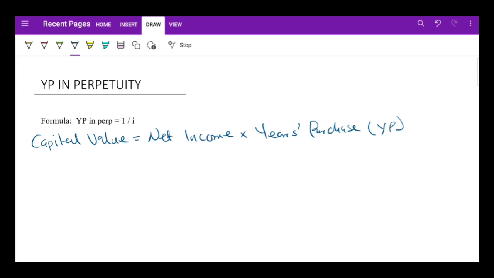Later, when we do term and reversion, you will see that it is used when you are valuing a freehold interest that has been let at the full rental value of the property. And it has the simplest formula. As you can see, the formula is just 1 over I, where I is equal to the interest rate in decimal, of course.